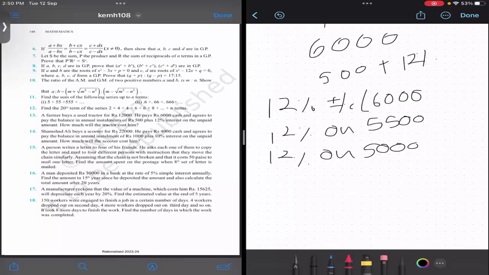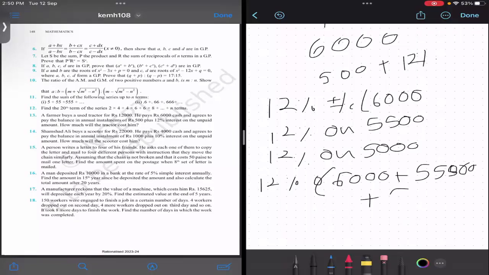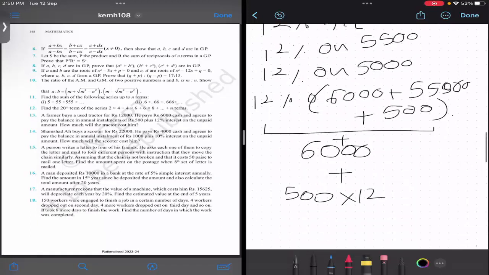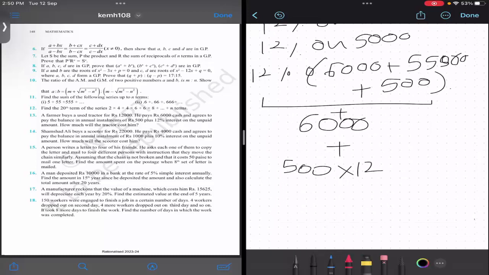Right. So the interest he paid would be 12% of 6,000 plus 5,500 up until 500. Right. This is going to be your interest calculator. The amount he paid upfront is going to be another 6,000, plus he also paid 500 for 12 times up until his installment of 6,000 was over.